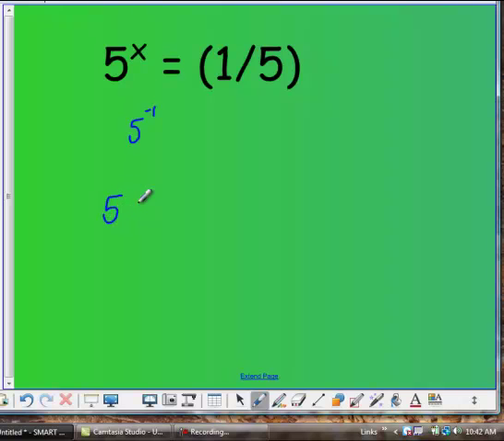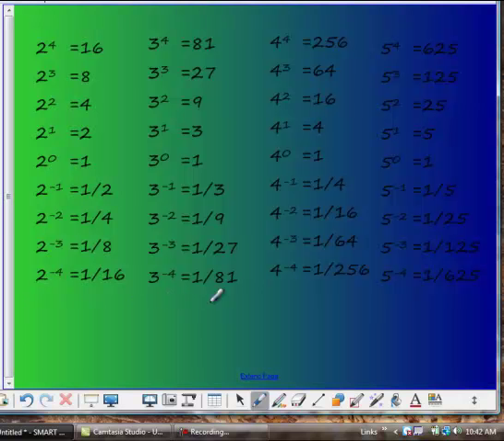If I rewrote this so that the bases are the same, I've got two choices here. I can rewrite this in base 5 or base 1/5. And most of you are familiar with base 5. So on my last page here, I gave you a little chart with all the bases that are most common in the homework.